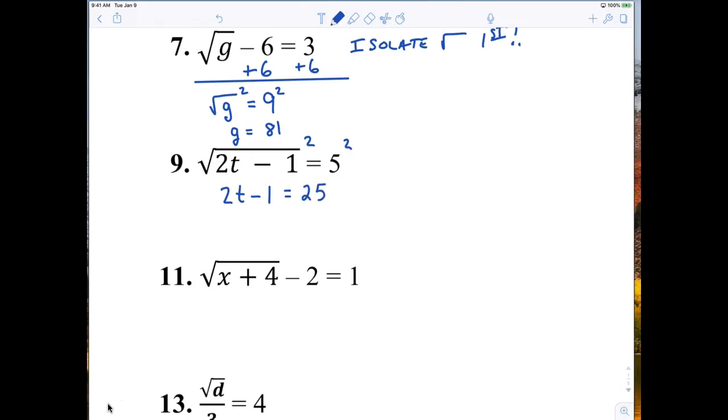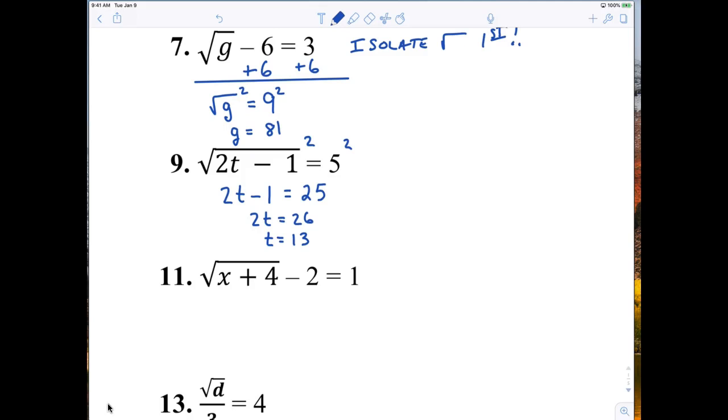Okay, you still with me? Now what do I do to both sides? Plus 1. So we just say 2t equals 26. And then what? Divided by 2. t equals 13.